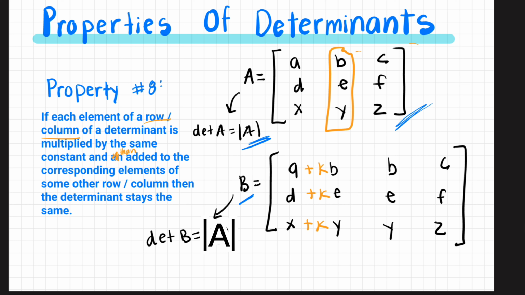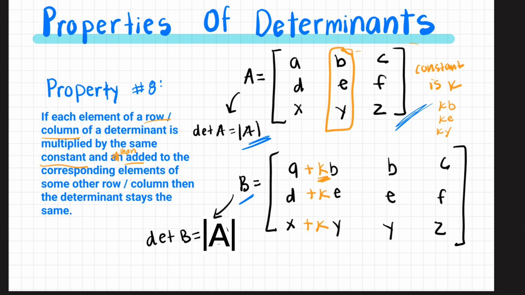In this case, the constant is K. So if I multiplied K times B, that is just KB. If I multiply K times E, that's KE. If I multiply K times Y, that's KY.